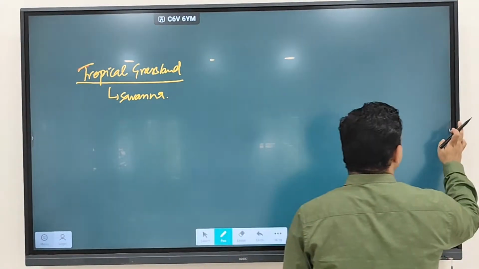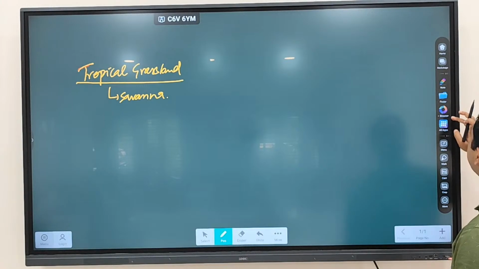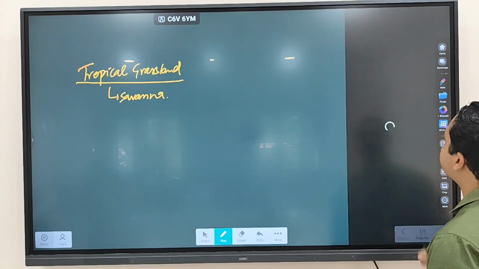Fine. So again, where do you see the distribution of this type of climate? Tropical grassland.